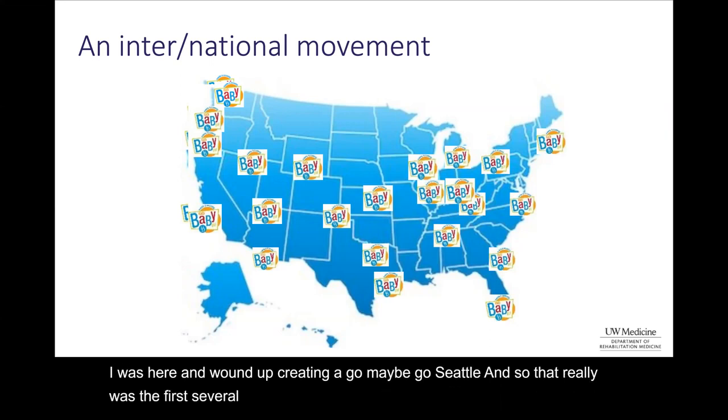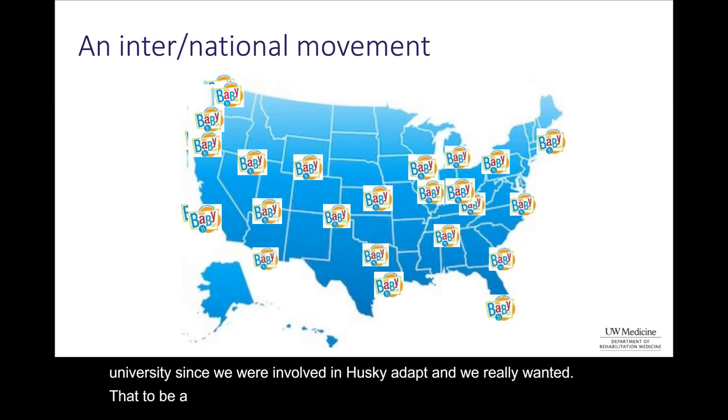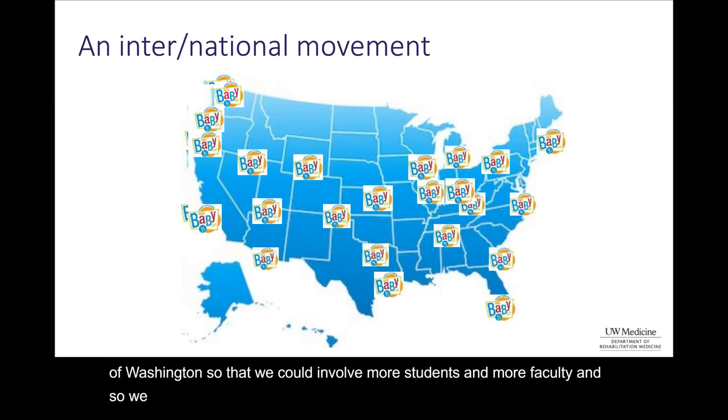Since we were both here at the university and involved in HuskyADAPT, and we really wanted that to be a cohesive project, we integrated Go Baby Go into the University of Washington so that we could involve more students and more faculty. We are really excited, especially coming into this year.